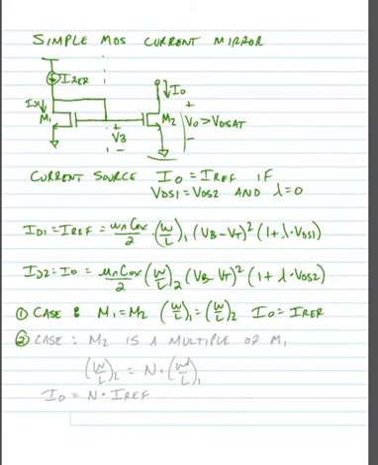We could have a second case where M2 is a multiple of M1. In other words, we could say that W over L2 is equal to N times W over L1.